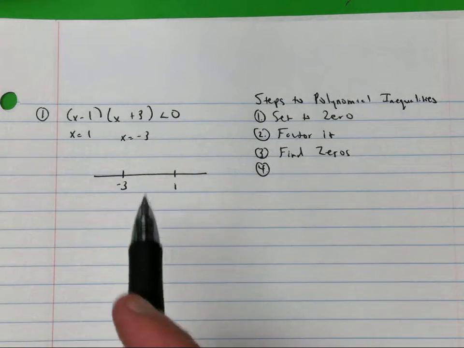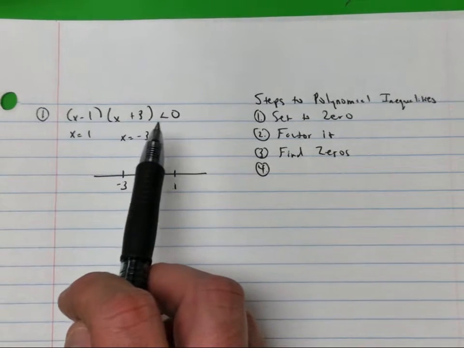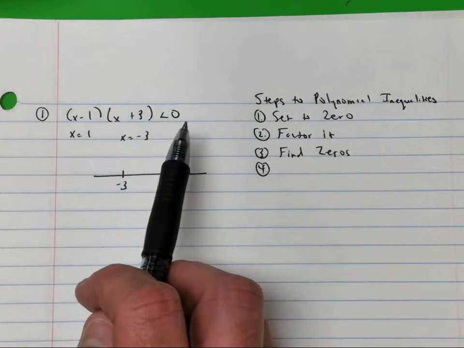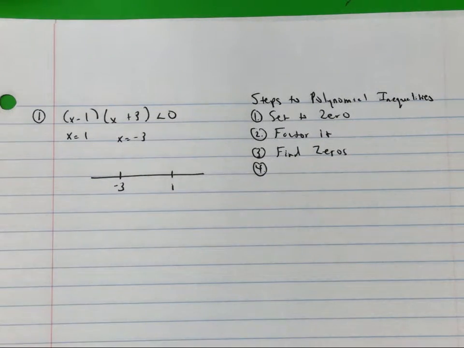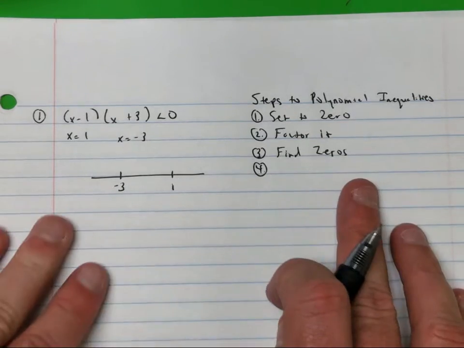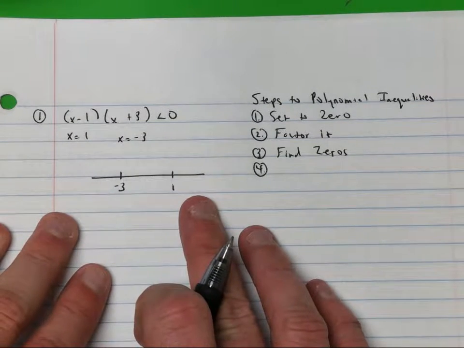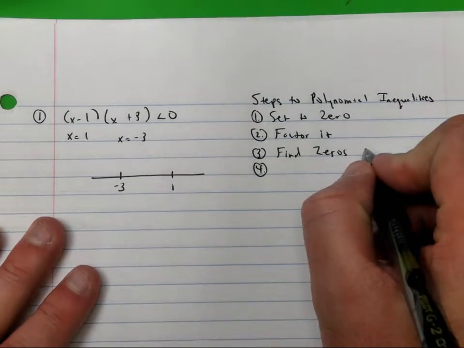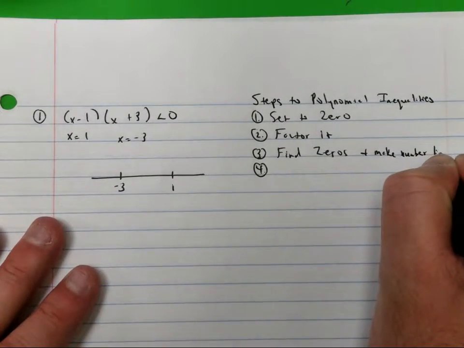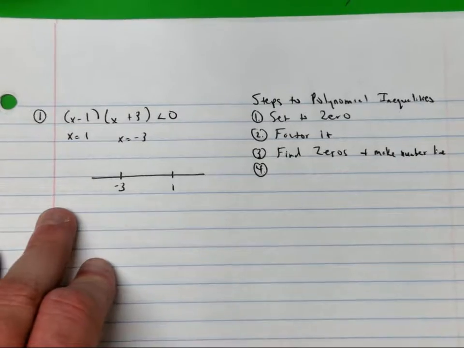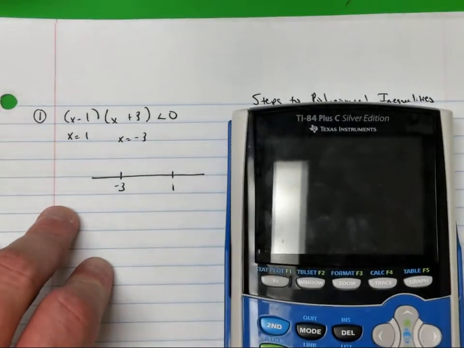It is asking you to find the values of x that make this inequality less than 0. For what values of x would you get a y value that is less than 0? So in order to do this, we're going to graph this. We found the zeros and made a number line. Now, I'm going to graph this on my calculator.